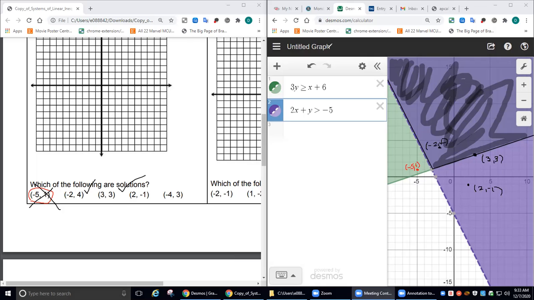No. It's a solution only for this one, but not a solution for this one. It has to be only in the shaded region for both. That's the key, guys. It has to be in a shaded region for both. If it was asking for only the second equation, Adriana, Mia, you guys would be correct. But since it has to satisfy both of them, it has to be inside here. Okay? So this is not a solution.